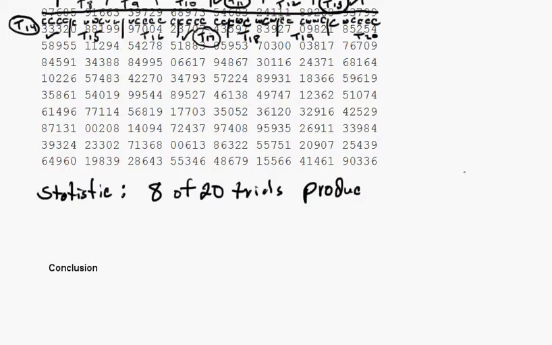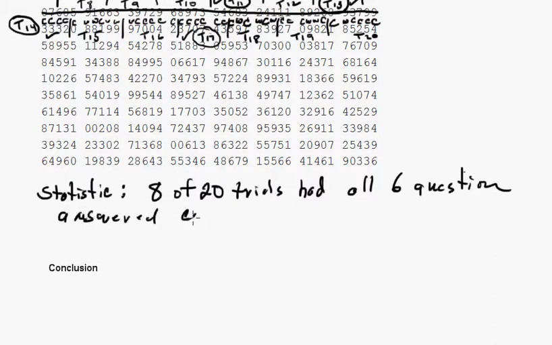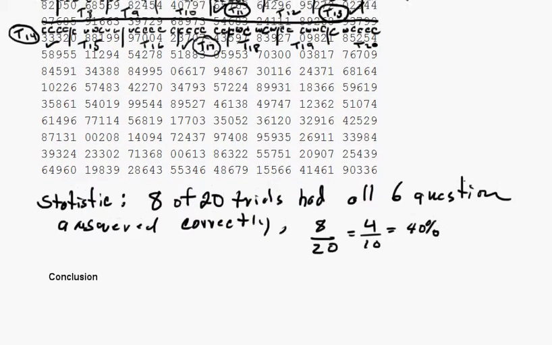Produced, maybe I should say had, all 6 questions answered correctly. So that's, do a little algebra. 8 out of 20 is 4 out of 10, right? So that's 40%. So there's my math.